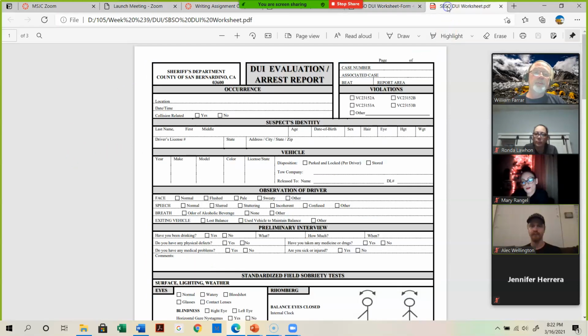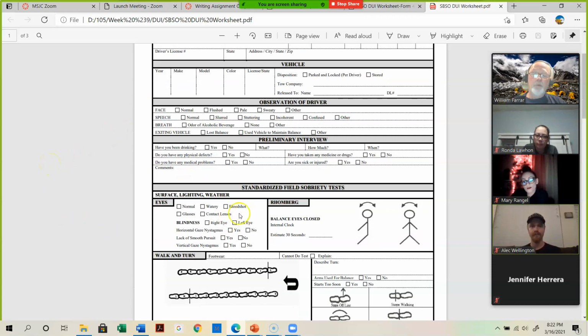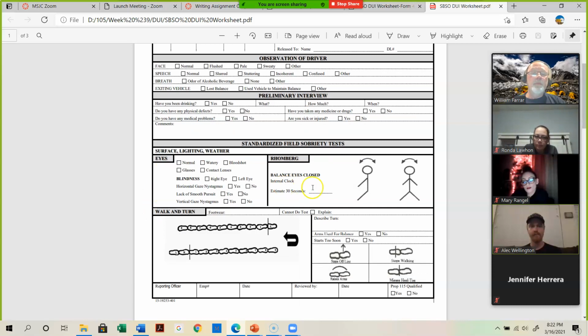Typically, Sheriff's Department has the same kind of form. So that was Riverside Sheriff. Here's San Bernardino County. And they have the eyes. So the Sheriff's Department does what they call the Romberg test. So they throw in kind of a little curveball. This is where you have somebody stand at attention, tip their head back and close their eyes.